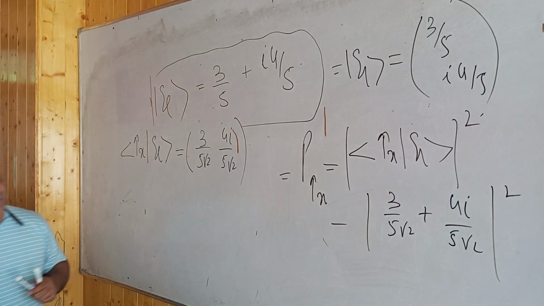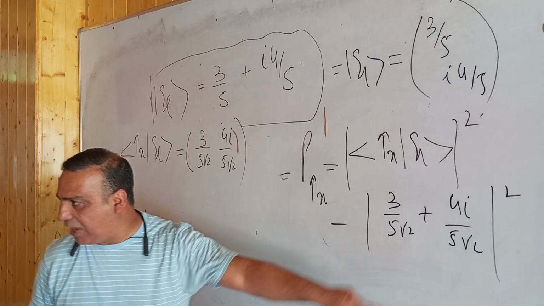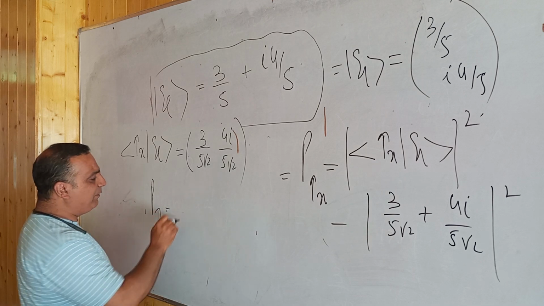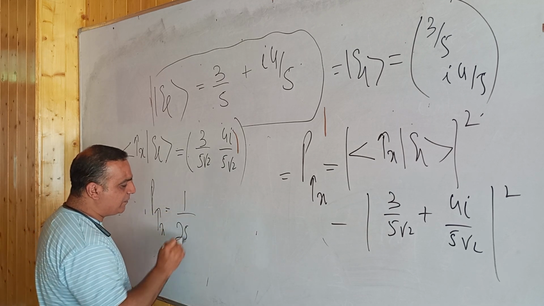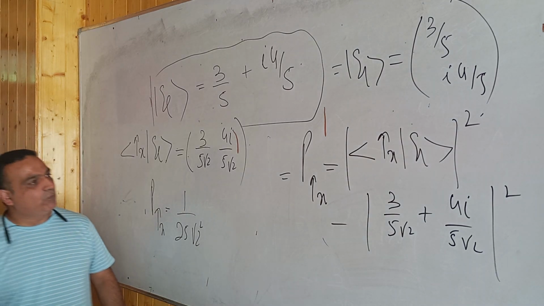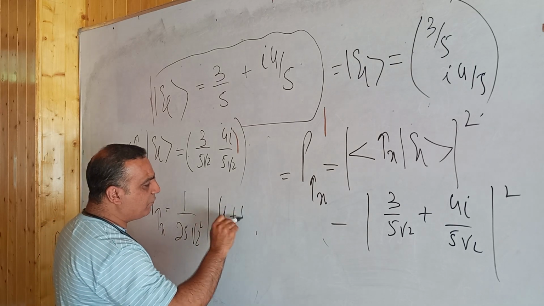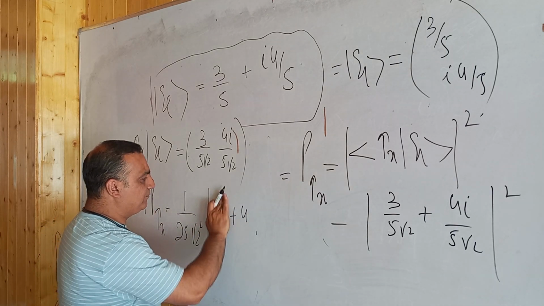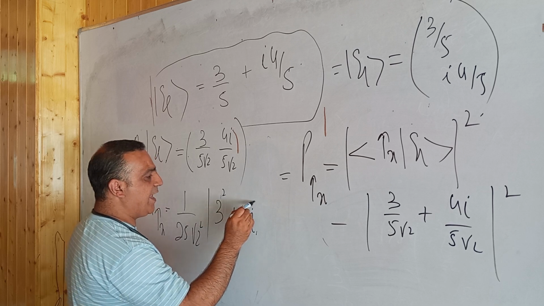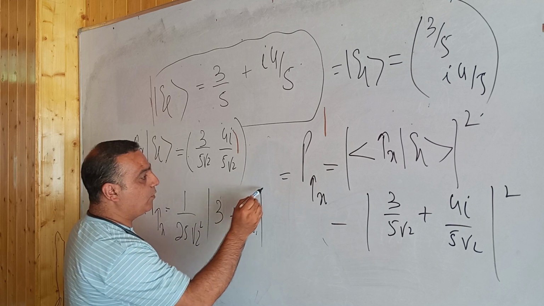Now what will you get out of it? 5 squared and root 2 squared will come out. So the probability of getting spin up will be 1 by 25 root 2 squared, am I right? Inside the mod, you will have 3 squared plus 4i squared, taking the whole square.